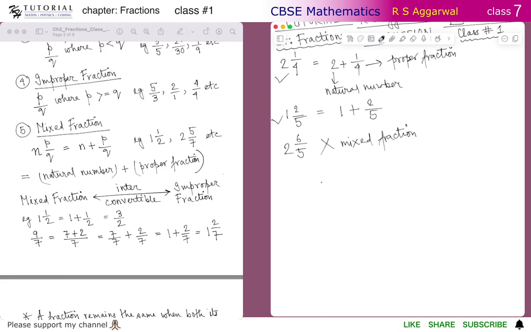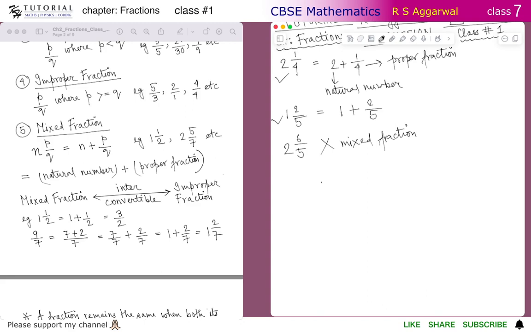So now 3 by 2 is an improper fraction because the numerator 3 is greater than the denominator 2. Likewise, you can convert the improper fraction 9 by 7, because numerator 9 is greater than 7, into a mixed fraction.